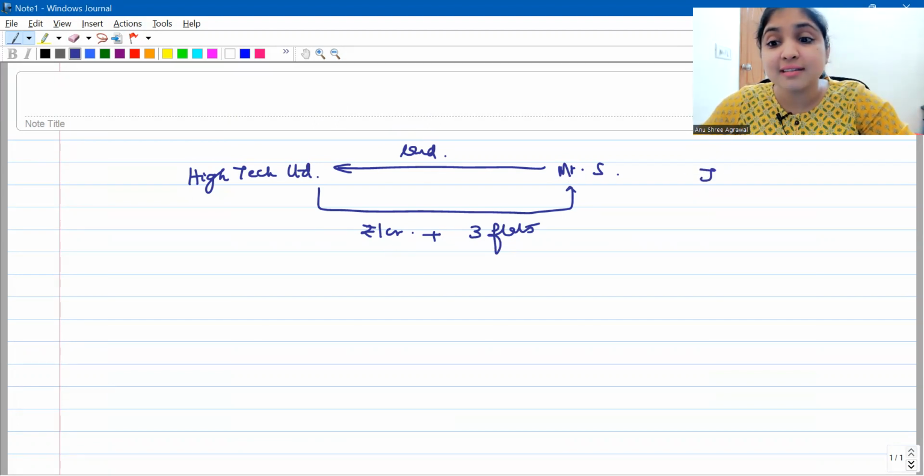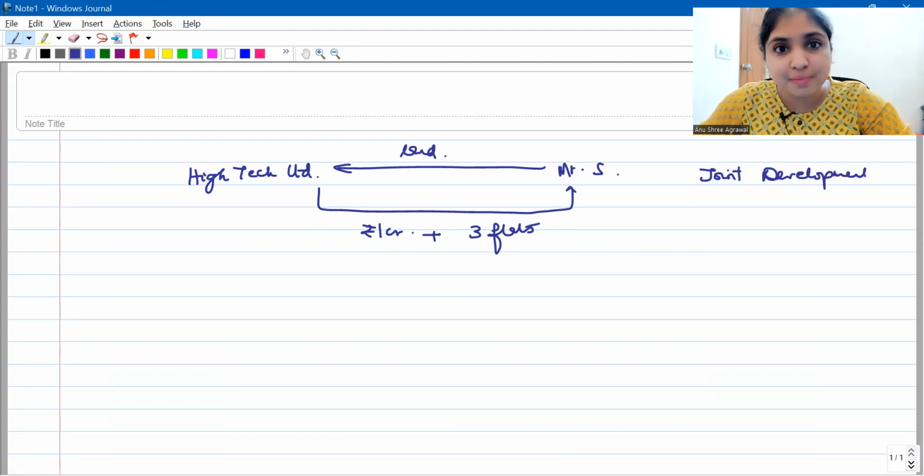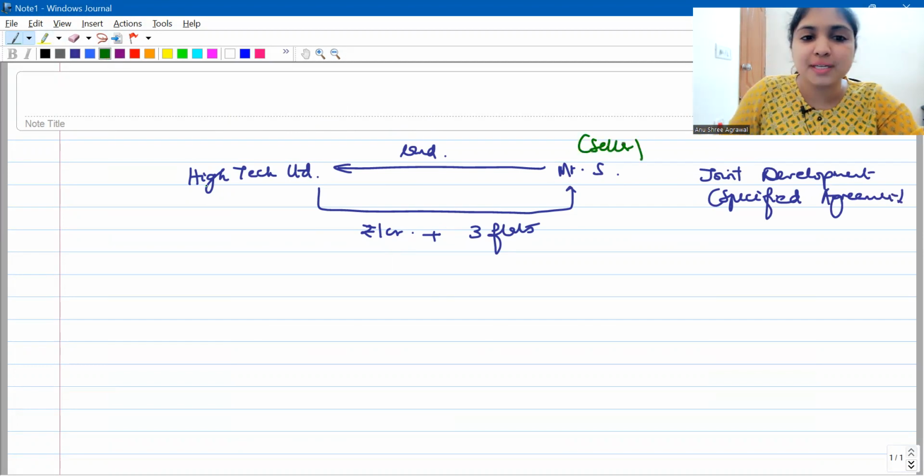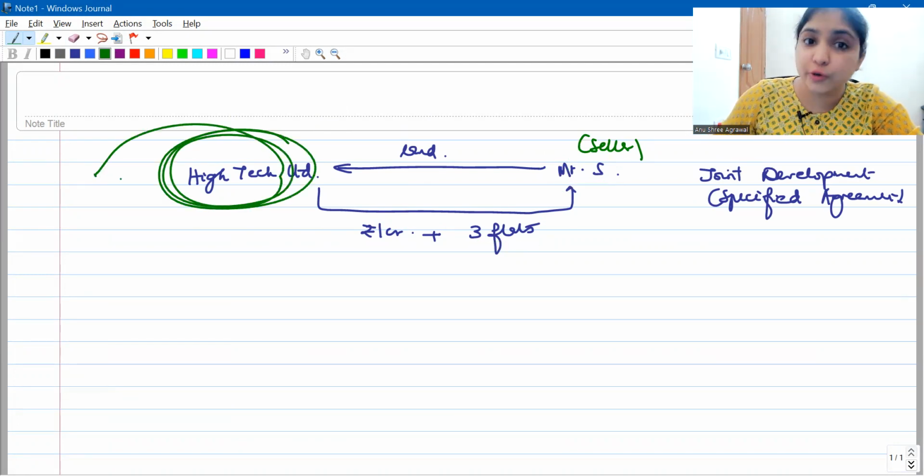This is a classic case of joint development agreement, which in income tax is often called a specified agreement. Specified agreements, joint development agreements, are those wherein the seller transfers his property to a real estate development company and in return gets a share in the property. Cash consideration may or may not be there, but then the seller definitely gets a share in the property which the real estate development company is going to develop.